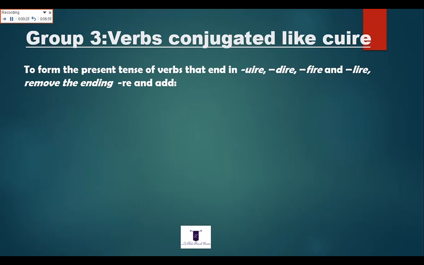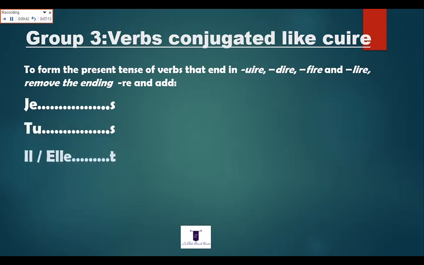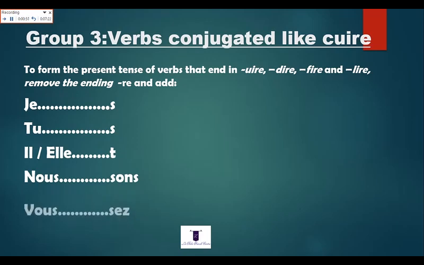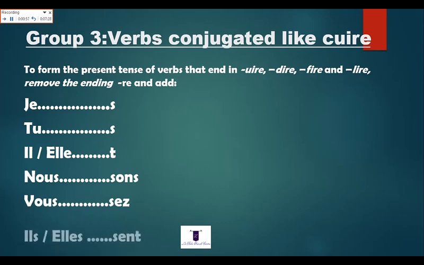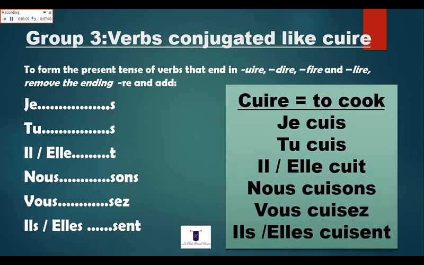To form their present tense, you remove the RE and add: for je you add S, tu you add S, il, elle you add T, nous you add SONS, vous you add SEZ, and ils, elles you add SENT.